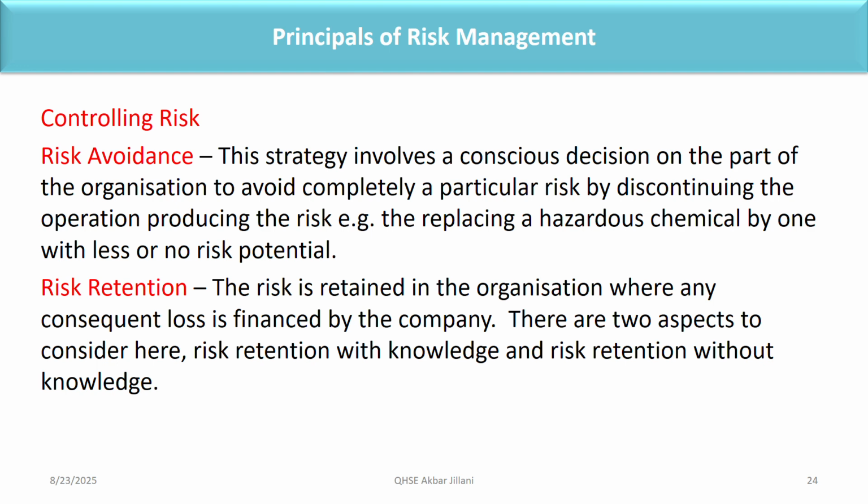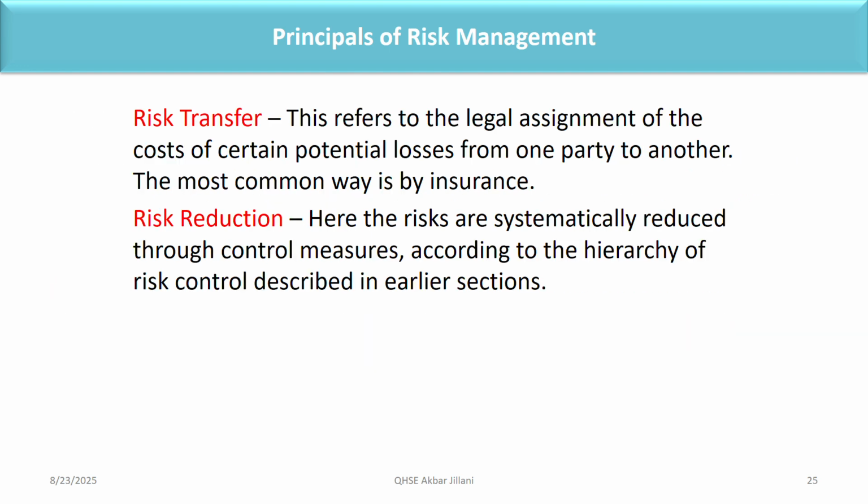There are two aspects to consider here: risk retention with knowledge and risk retention without knowledge. Risk transfer. Transferring the risk means, for example, we take insurance for vehicles or for the business, different equipment, different items.